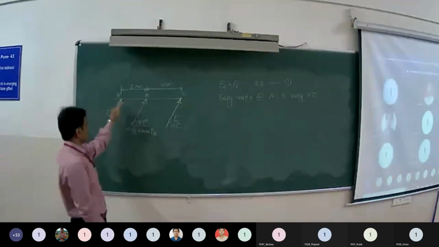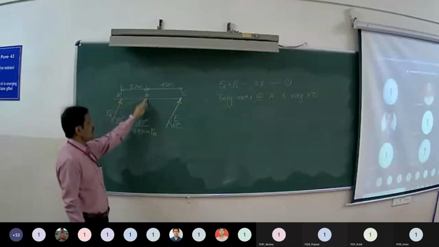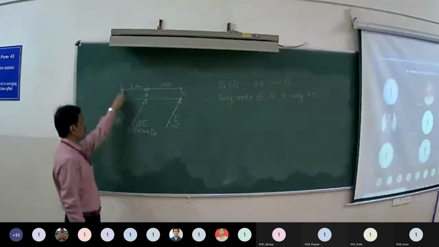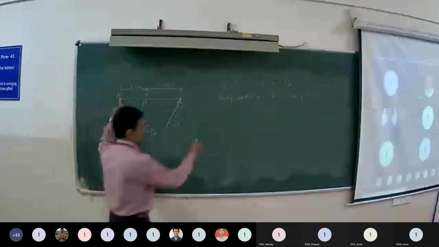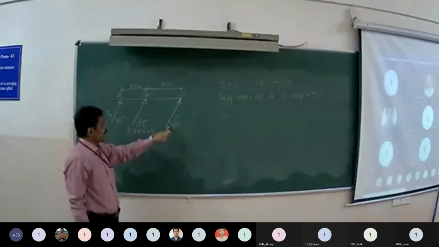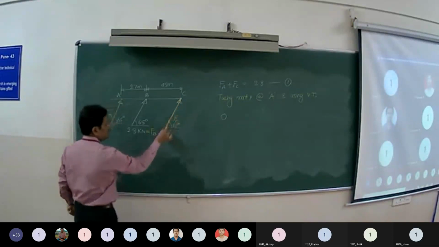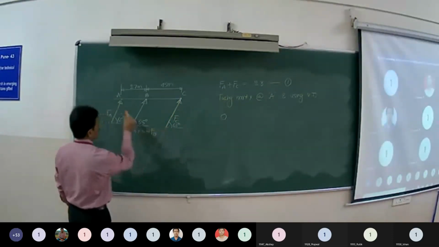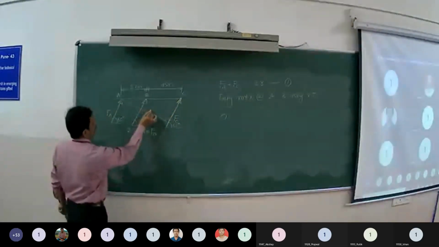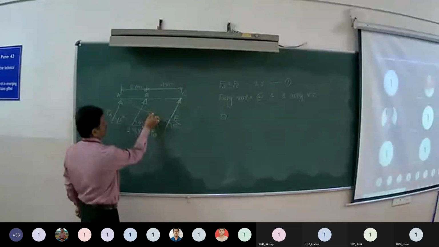Now sum of the moments of Fa and Fc about point A must be equal to moment of 2.8 about point A. So what is the moment of Fa about point A? The line of action is passing through it. So it is 0. And moment of Fc about point A, moment of force is equal to the magnitude of force into perpendicular distance from the line of action of the force to point A. Say I will write this as DC.